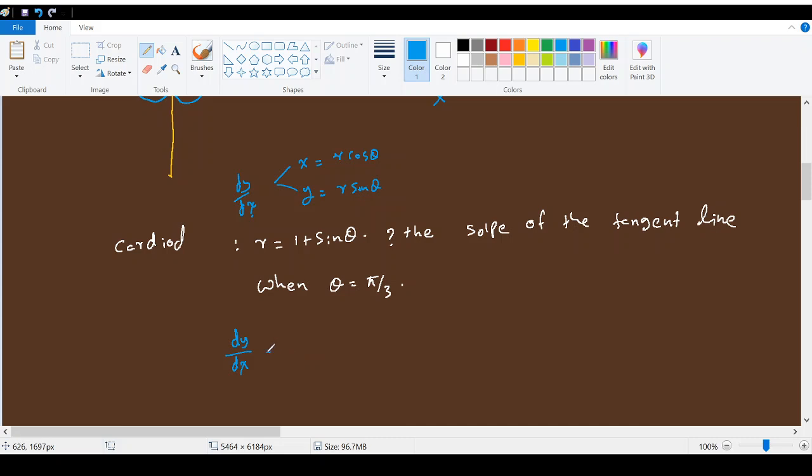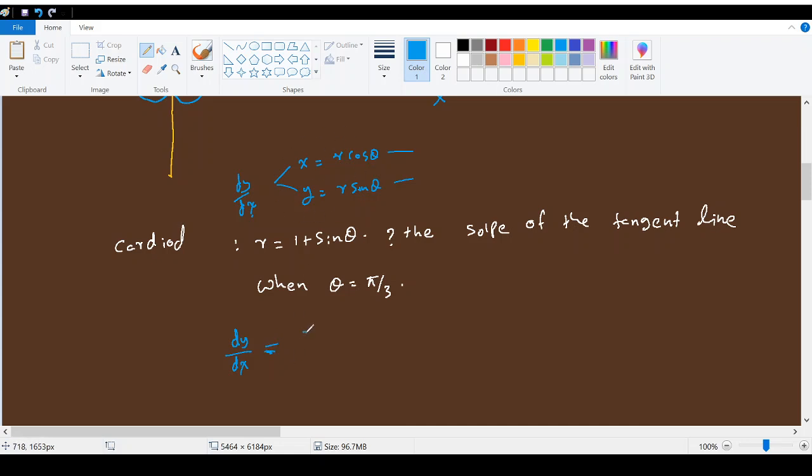By looking at these equations, we can say that x depends on theta and y depends on theta, so it's like a parametric representation. So theta is kind of a third variable and we need to get the derivatives.